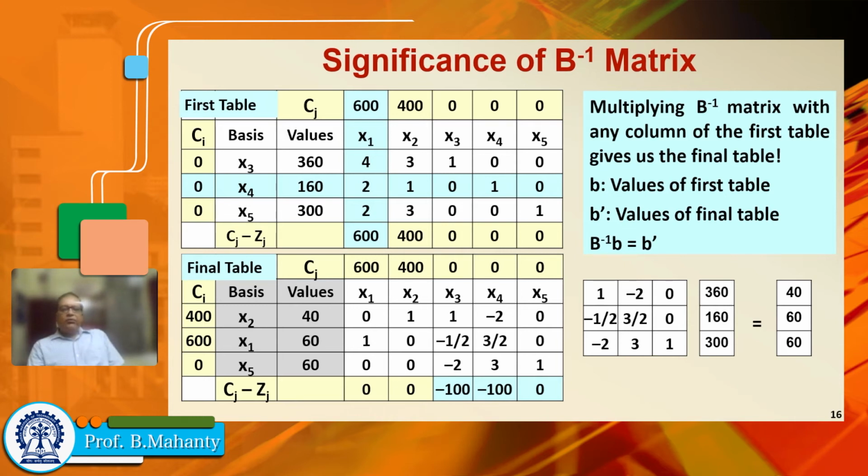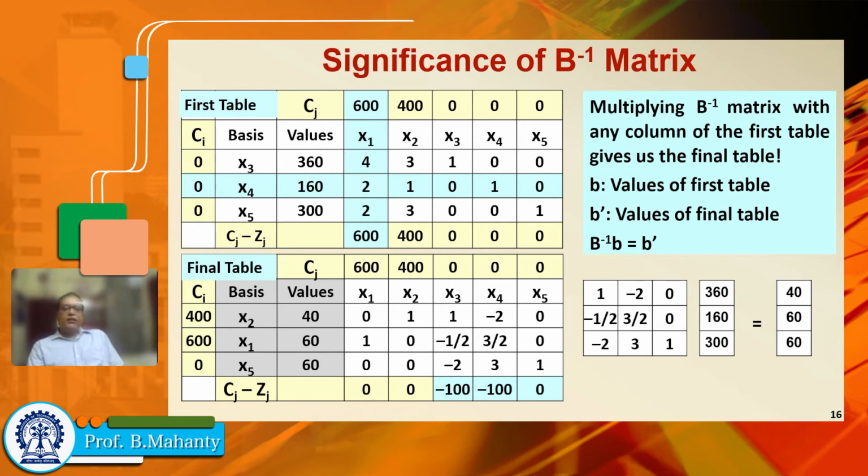That means, look here, suppose you are told that x2, x1 and x5 are going to be in the basis of the final table in that order. Then you can form the B matrix from the first table. All you need to know is which variables are going to be in the basis of the final table.